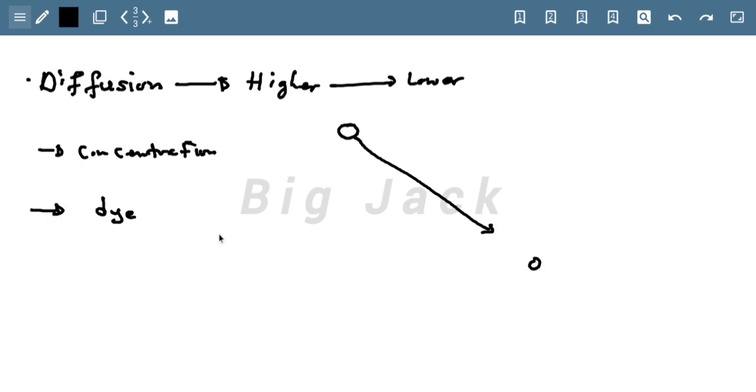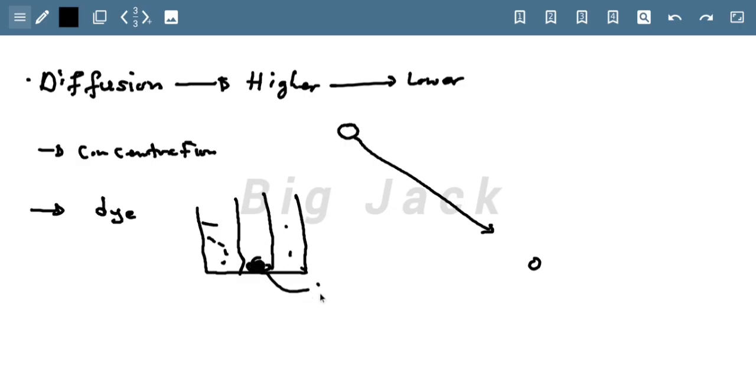Let's say you have a beaker, then you put a capillary tube here, then we have water, then we decide to put, let's say, a red dye here. Then we just lift the capillary tube gently without tampering with the dye.